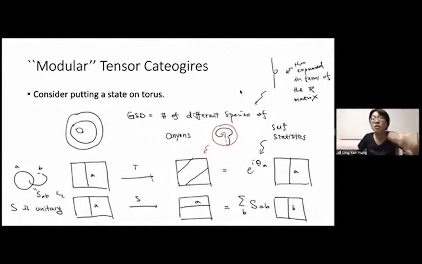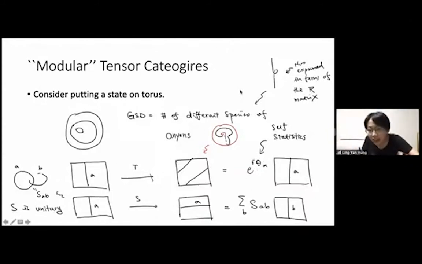And so that just gives you the self-statistics of the anyon. So it gives you a phase. It keeps you in the same state, but with an extra phase. So an anyon wrapping in this cycle is an eigenstate of T, which shears in the orthogonal cycle.